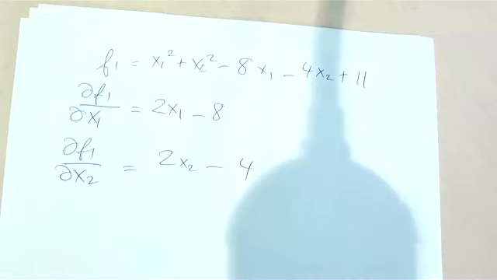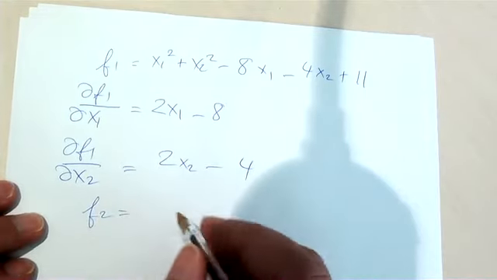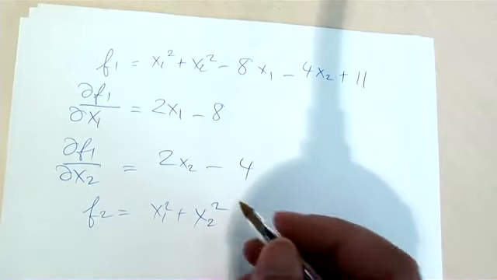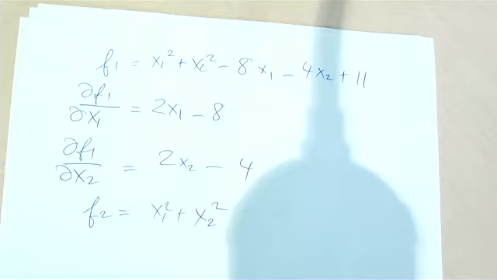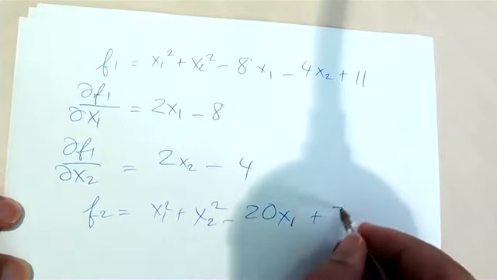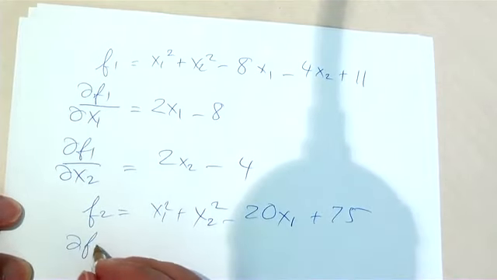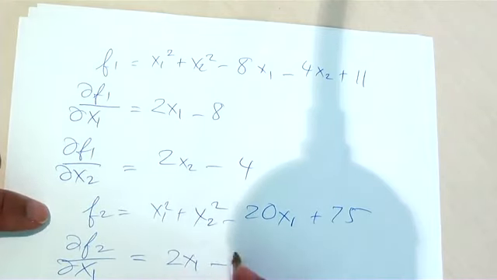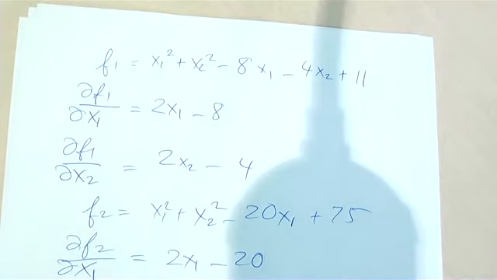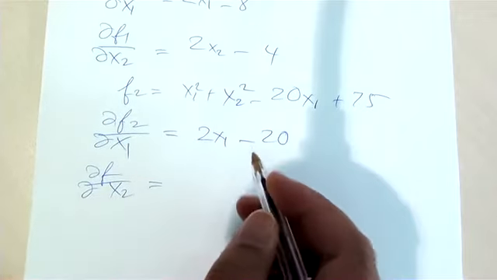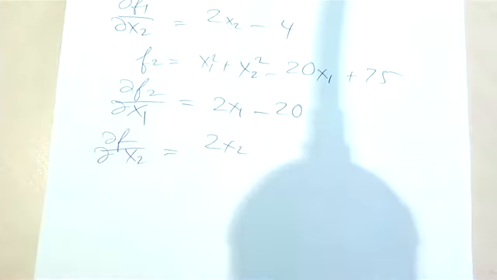And then you have f2, which will be x1 squared plus x2 squared minus 20x1 plus 75, right? So partial f2 with respect to x1 will be 2x1 minus 20, right? And partial f2 with respect to x2 will be 2x2, that's it.